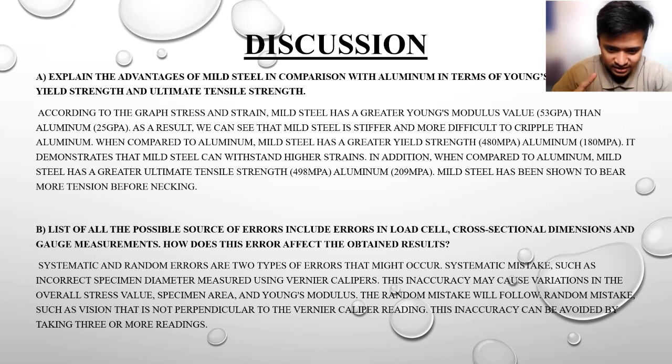This inaccuracy may cause variation in the overall stress values, specimen area, and Young's modulus. The random mistake is, for example, a line of vision that is not perpendicular to the vernier caliper reading. This inaccuracy can be avoided by taking 3 or more readings.